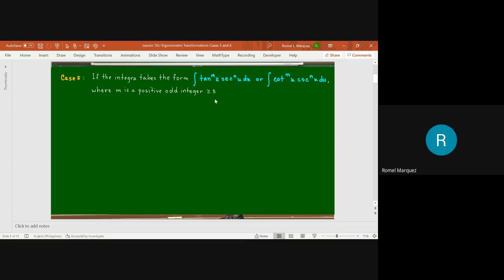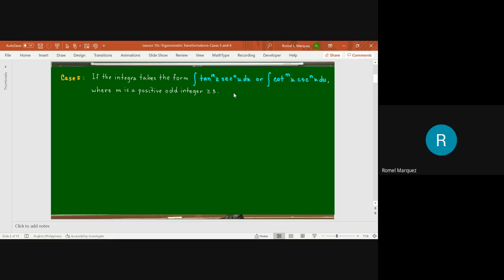So meaning your m can be 3, 5, 7, 9, and so on. n can be any. Is that clear, guys? You can have n even, you can have n odd, you can have n fractions, whatever. Okay? Now, of course, if n happens to be 0, this case reduces to our case number 3.